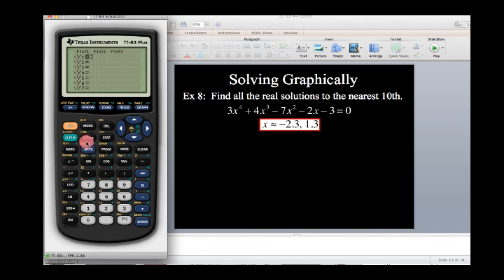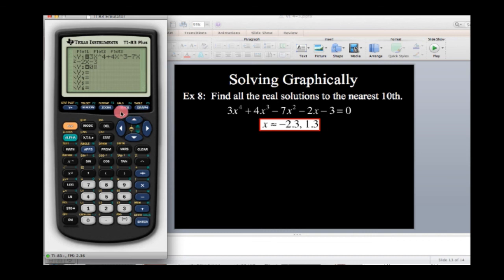So 3x raised to the fourth power plus 4x raised to the third power minus 7x squared minus 2x minus 3. And then probably the easiest way then is just to go down and in the second half, or the second equation, put in the right-hand side, which is just 0.